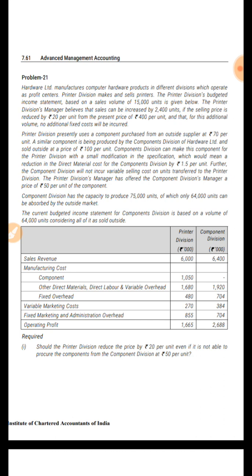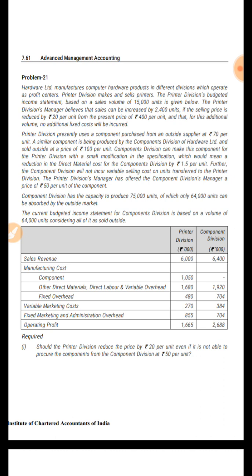So if this printer division takes the component from this component division, the component division can supply it by doing some small modification, due to which the material cost may reduce by 1.5 rupees per unit.